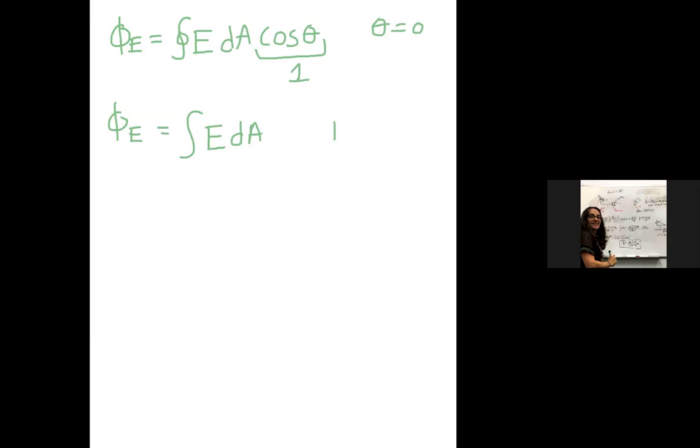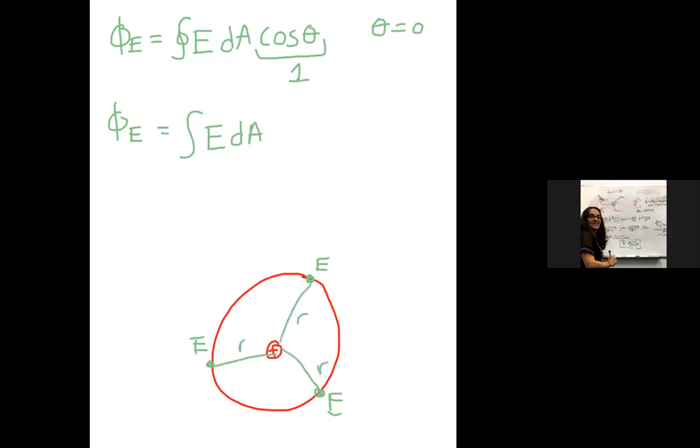Whether, if this is my charge over here, it doesn't really matter where I choose to evaluate the E field anywhere on that sphere. Anywhere on that sphere, it's at the same R because it's a sphere. It's going to have the same magnitude.